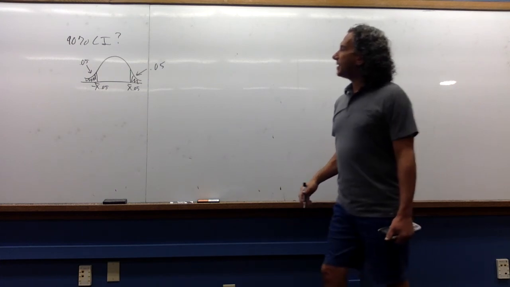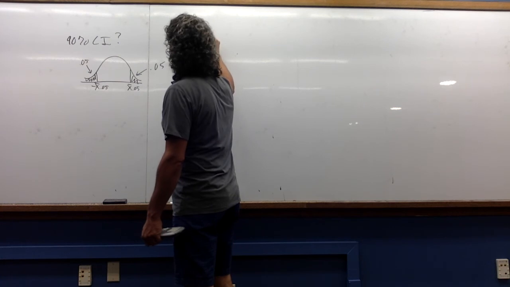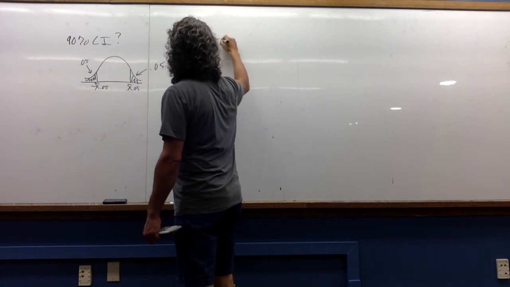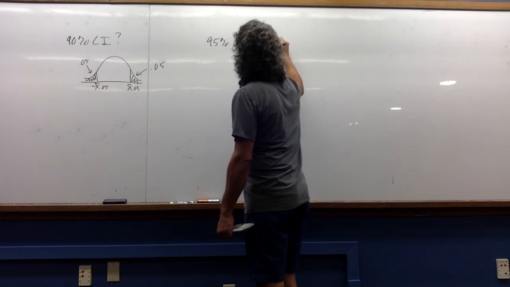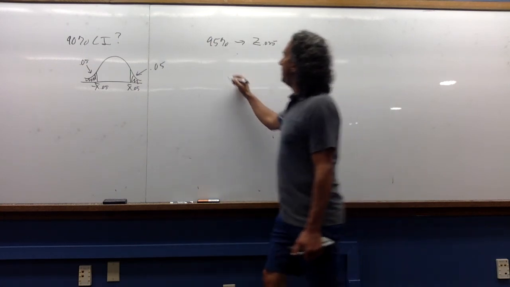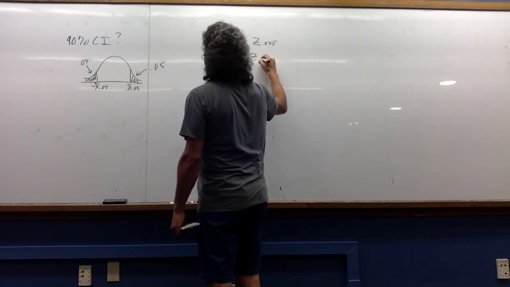So let's see. With the 95% interval, we use z sub 0.025. With the 90% interval, we're going to use z sub 0.05.